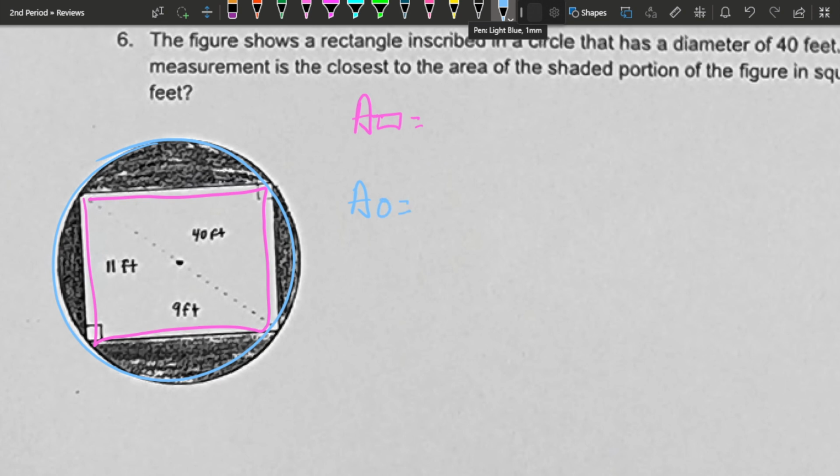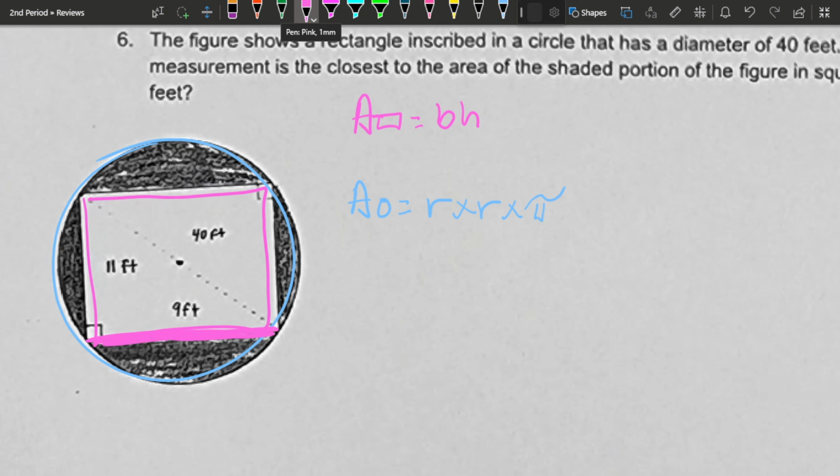Yep. So the area of a circle is pi times radius squared. And the area for the rectangle is just base times height. Let's look at the rectangle real quick. Do I know the base of the rectangle?